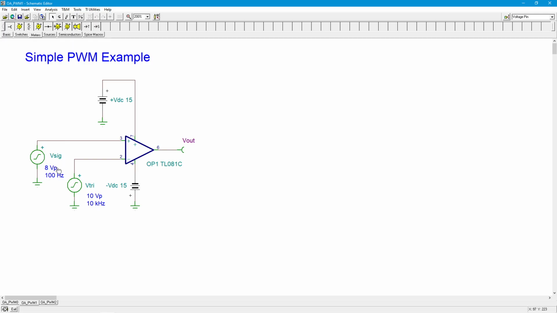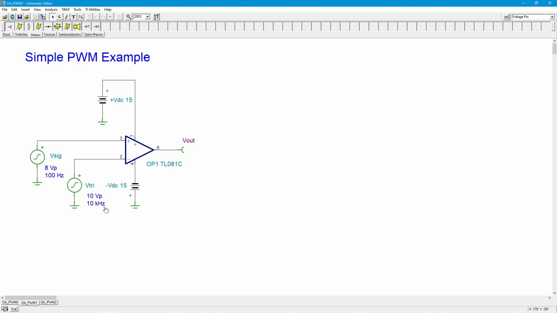This is an 8-volt peak sine wave running at 100 hertz. And then we have this other signal, the comparison signal, the reference signal. If you've looked at basic comparator operation, we would call this the input signal and this the reference signal. So instead of having a DC reference, we have this variable triangle wave. In this case, it happens to be 10 volts peak, 10 kilohertz.